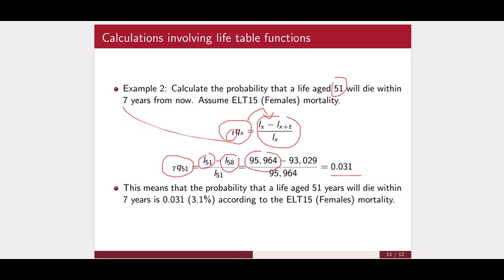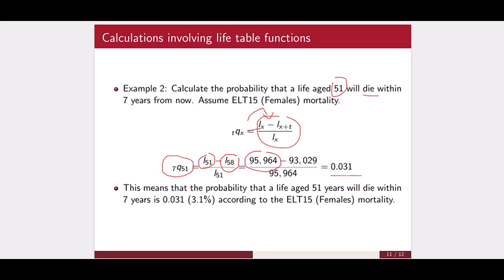Example 2 is asking us to calculate the probability that a life aged 51 will die within 7 years from now. Now, we have been asked to assume the English life tables for the female's mortality. Because we are looking at a death probability, we are looking for a tqx. And the tqx is linked with the L function as given by this formula. It is Lx minus Lx plus t over Lx.